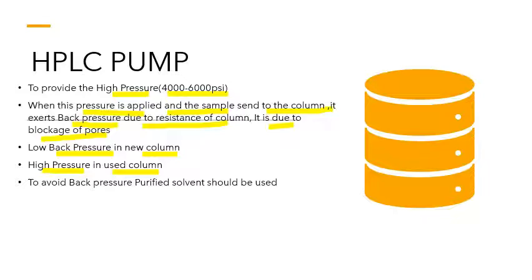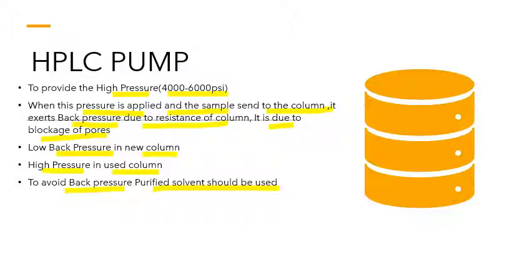To avoid the back pressure, purified solvent should be used. How can we avoid the back pressure? Because if the back pressure is very high, the separation is not good, or the resolution of the result is not so good.